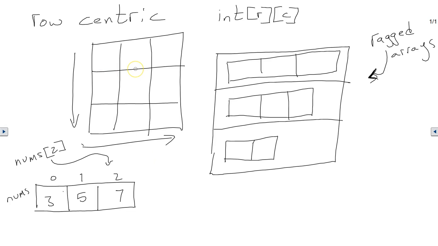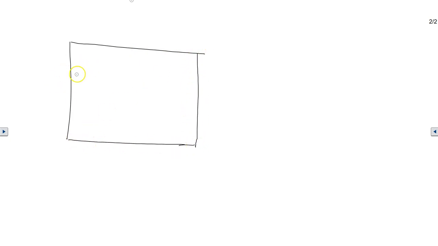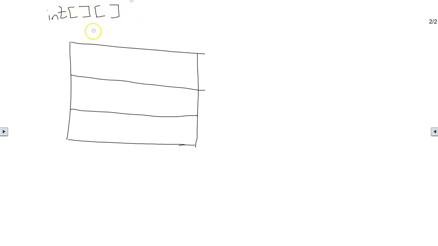Okay, so let's do the same thing with a two-dimensional array. We have a list of numbers, it doesn't matter what they are. I want this to be nums, and so I'm going to say int[][], okay?